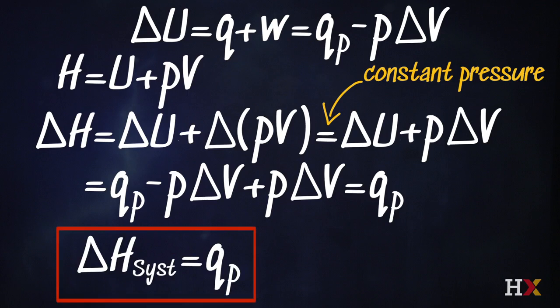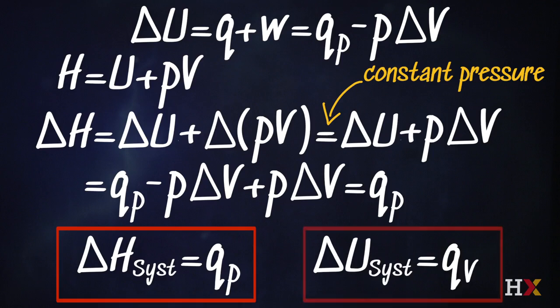So we have that relationship for delta H, and we have this relationship for delta U, which is to say delta U is equal to the heat release at constant volume.